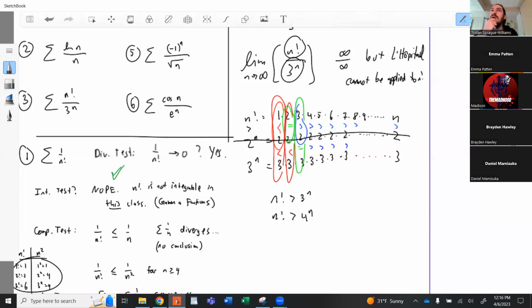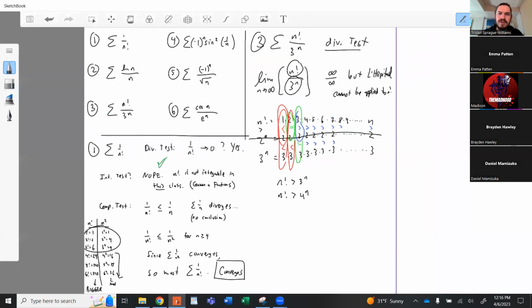I think this would be a good candidate for proof by induction for my two of you who are in discrete math. But anyway, we're not going to prove that here. So we have n factorial is greater than any of these. What I'm suggesting we do is look at 3 to the n over 3 to the n.